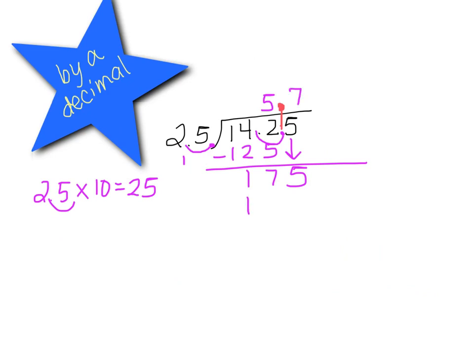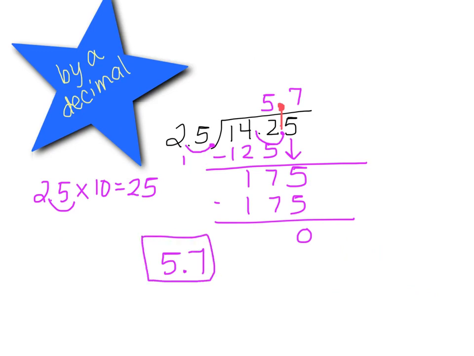And that is 175, 0. So we are done with this problem. And our answer is 5.7. It is really important that you move that decimal point up right away before you start your dividing so you don't forget the place that it's supposed to be in.